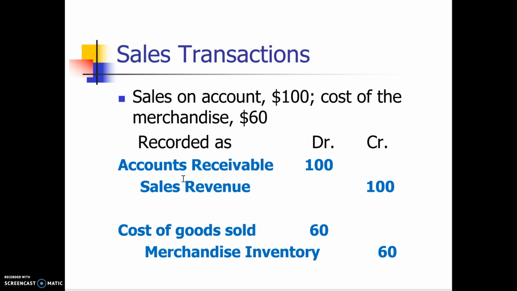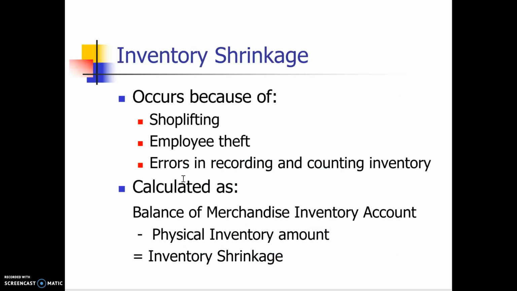So do we ever need to count up our inventory if we're using the perpetual method? In class, some people say, well, no, why would we? Others say, yes, we do need to count it up, and they are right because of inventory shrinkage, right? We have customer shoplifting, we have employee theft, and we could be making mistakes recording our inventory as well as counting our inventory.